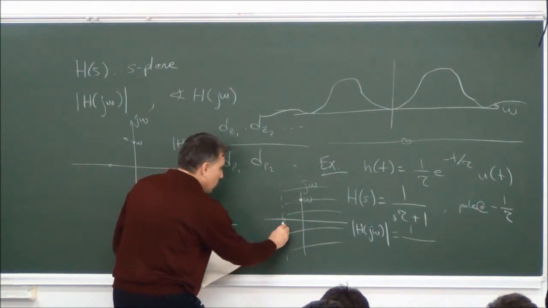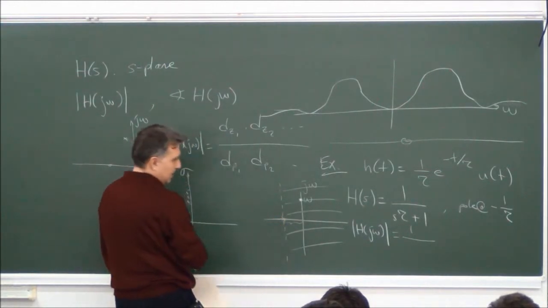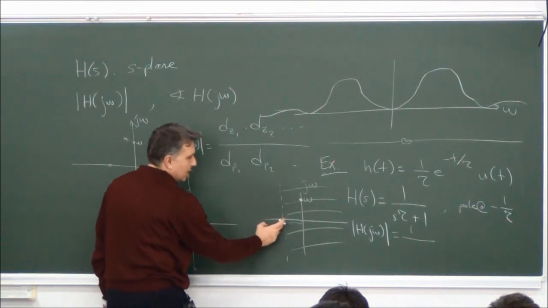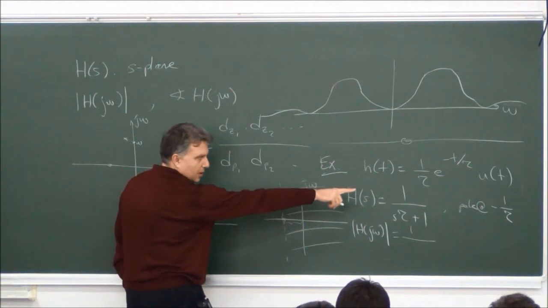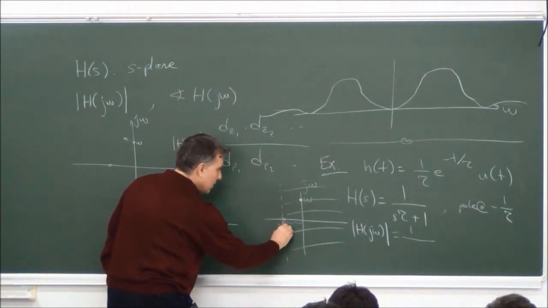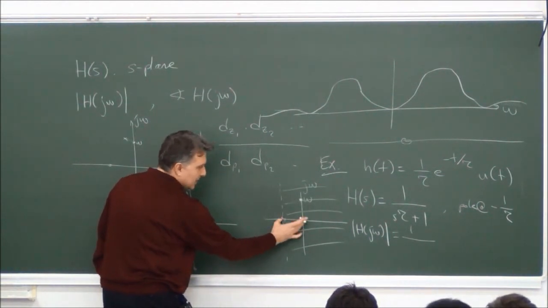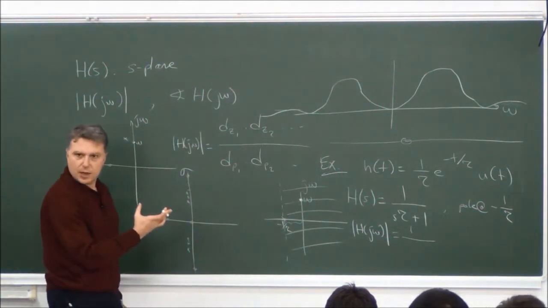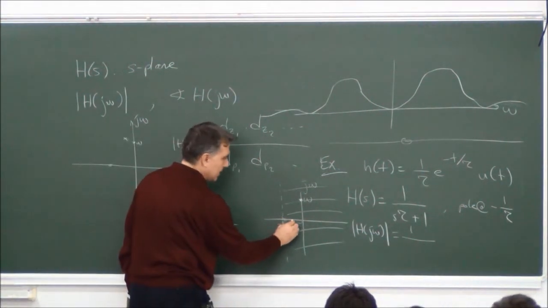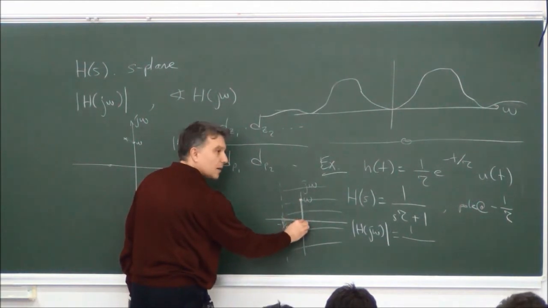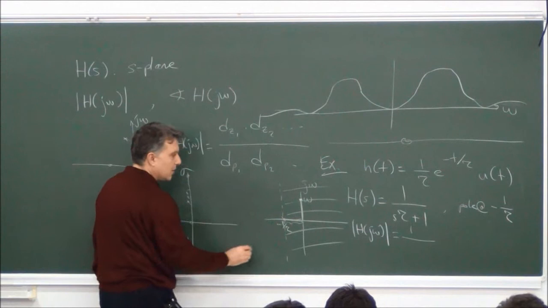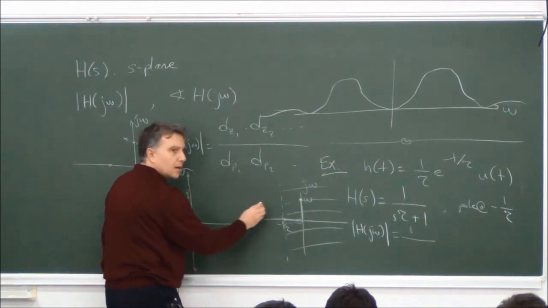And what is this width? It depends on the position of this pole. Where is that pole? It's at minus 1 over tau. So what is this distance? It is 1 over tau. It's a triangle I am forming. What's the height of that triangle? The width is 1 over tau. The height is omega.